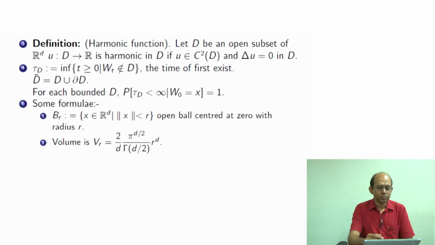The volume of B_r we write as V_r, and that is 2 over d times pi to the power d/2 over gamma of d/2, times r to the power d. A very simple exercise is to cross verify for, say, the d equal to 1 case.